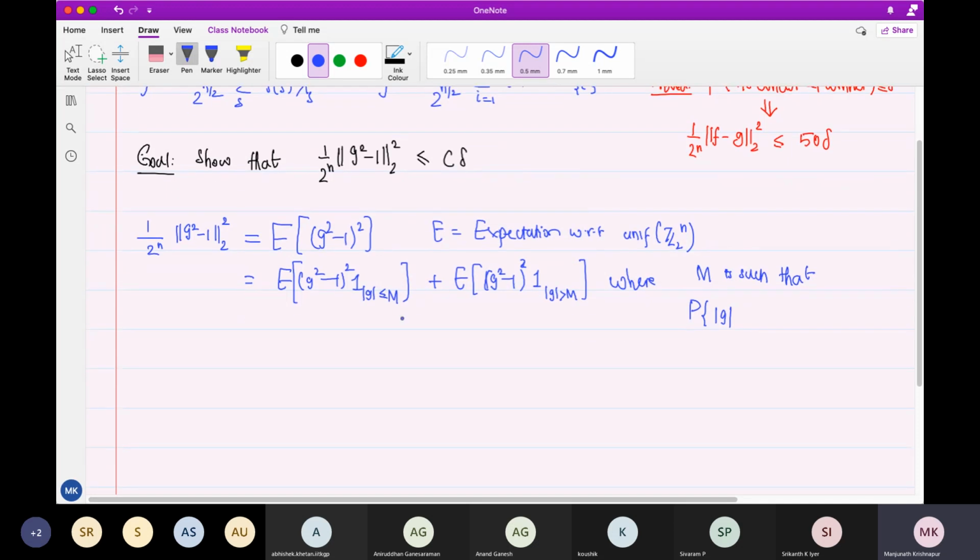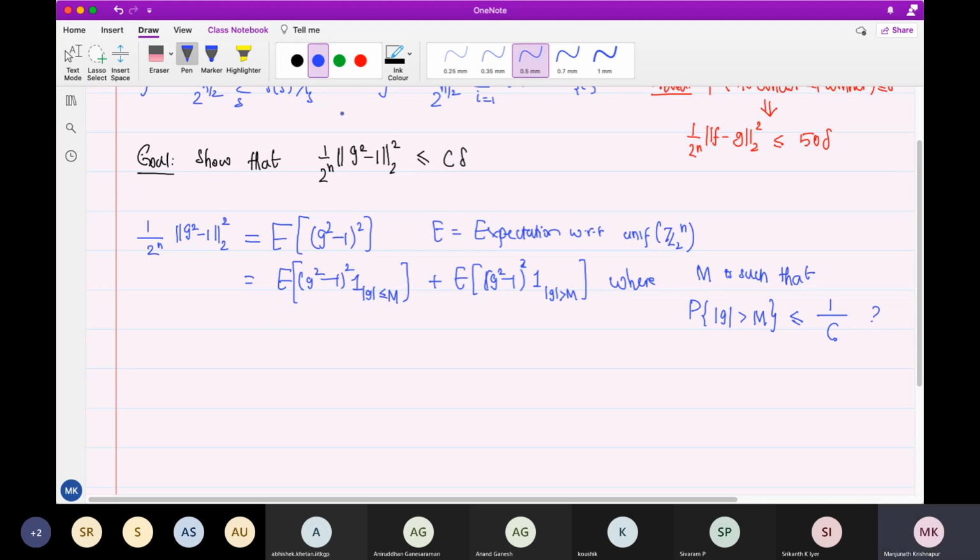So what we are going to do is motivated by that. So this m you choose so that the probability that mod G is bigger than m is sufficiently small. How small? I will put down this number. What this is we'll come back to. It's something defined in terms of this constant c. So just for a moment, let me write it is smaller than 1 by c, maybe it is different, where this is the constant c.